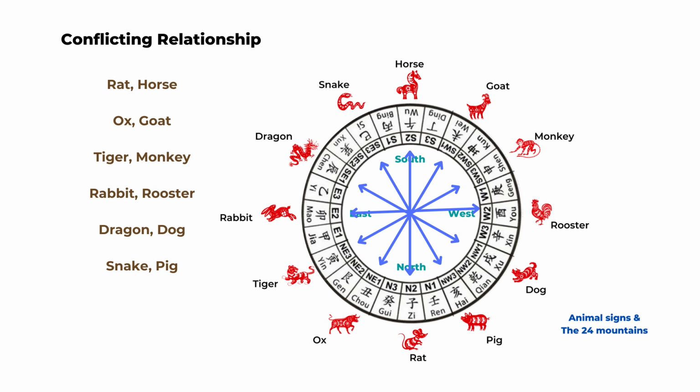And when picking the lucky day, we also need to check the conflicting animal sign. Each day there's a conflicting animal sign and there's a corresponding direction. Those information are based on the 12 animal sign compatibility, and that is a very important part in selecting lucky days, lucky timing, and lucky directions.